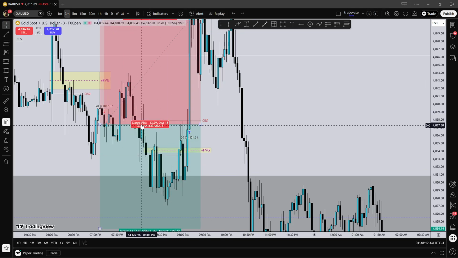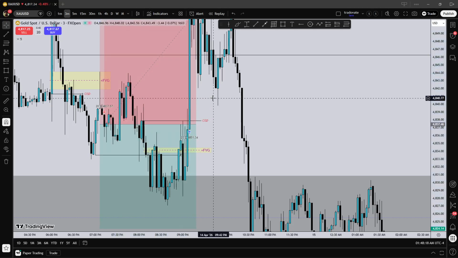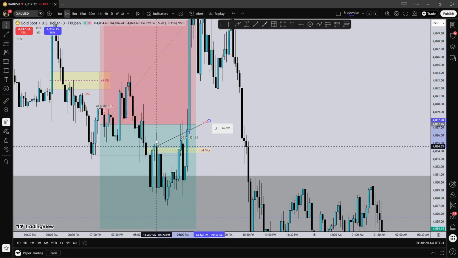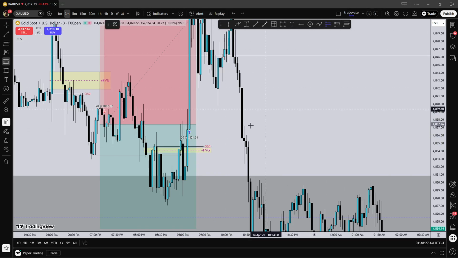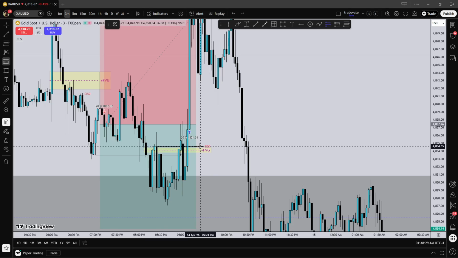This trade failed. However, the trade that actually worked out should have been taken from here with a long position.